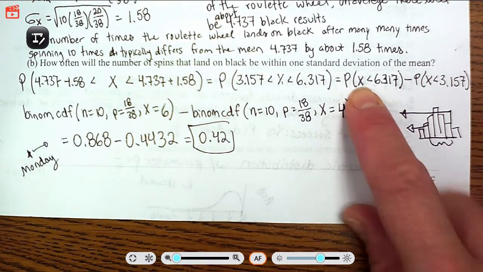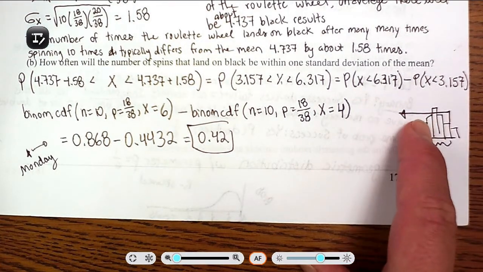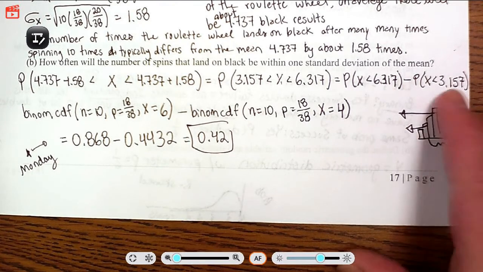So I'm going to break this up to look for the left area of the whole thing minus the left area of this, and then I'll have just that center area.